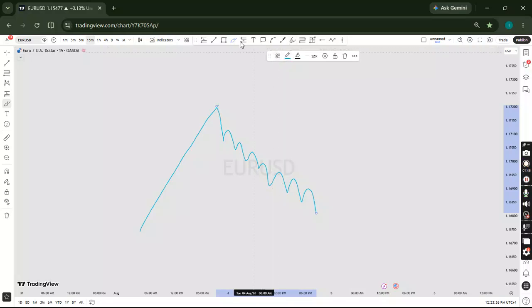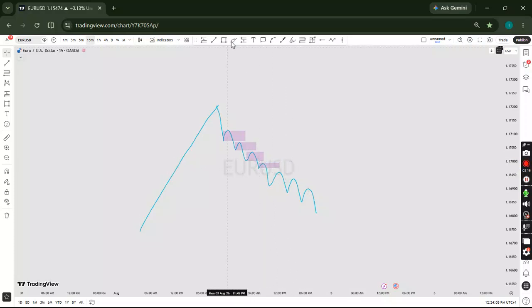We can see from this image that from this low to this high, this guy didn't come to touch inside of this box, right? That's the first thing to note.